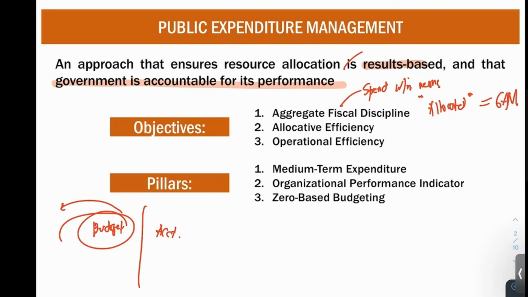Next objective of your public expenditure management is allocative efficiency. When we say allocative efficiency, you only spend on what is your priority. So if aggregate fiscal discipline means spend within means or spend within what is allocated to you, allocative efficiency means you spend on your priority.